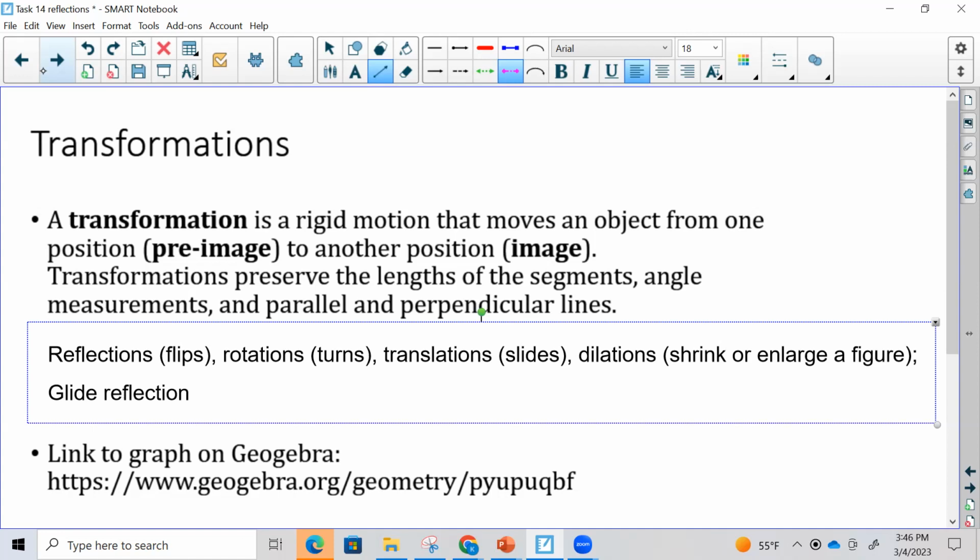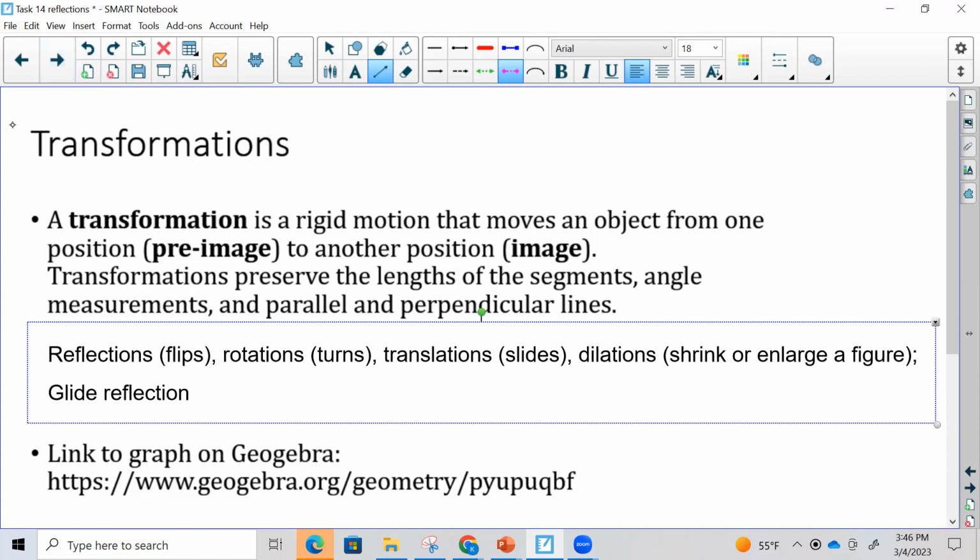We are going to talk about 5 different types of transformations: reflections, which are flipping over something; rotations, which are turns; translations, which are slides; dilations, where we're either enlarging or shrinking a figure; and then a glide reflection, which is a combination of a reflection and a translation.